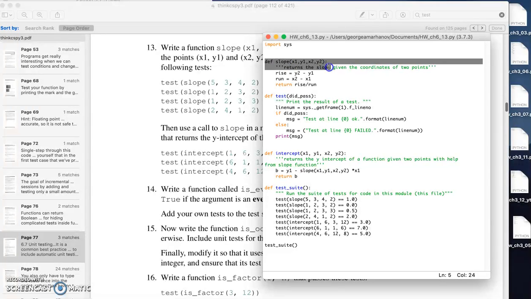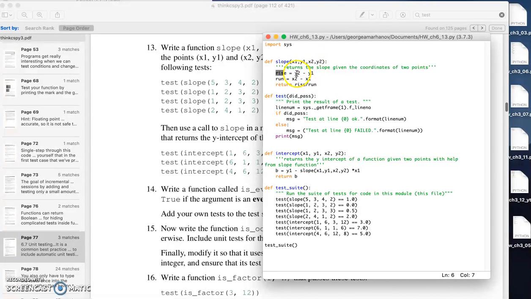This here is my slope function, and that returns the slope given the coordinates of 2 points, x1, y1, and x2, y2. How I did that is I defined the rise, because if you recall from those early algebra days, the slope is equal to delta y over delta x, or rise over run, is how we always remembered it.